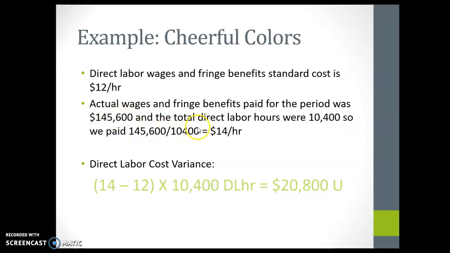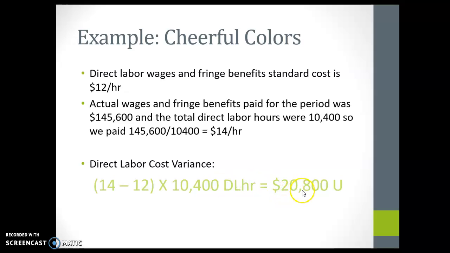So the $145,600 that we paid divided by how many hours that covered is $14 an hour, what we actually paid per hour. Okay, so our direct labor cost variance again is AC minus SC. So the $14 an hour that we actually paid minus the $12 an hour that we thought we should have paid, that difference, 14 minus 12 is 2, times the 10,400 total direct labor hours that we actually used.